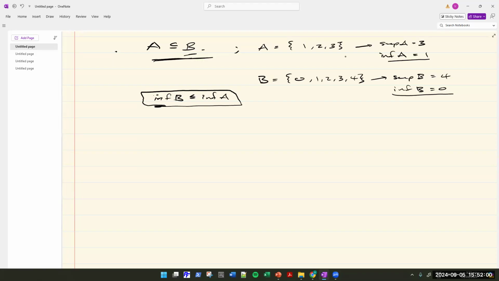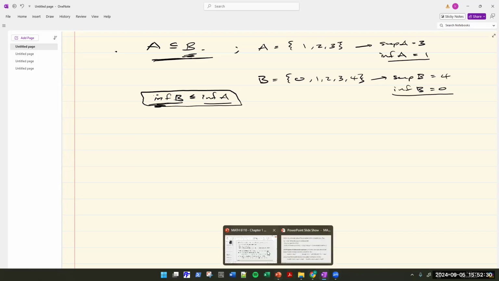If you add more stuff to it, that number could only decrease. That smallest number could not increase because I'm adding things to it. So if you make a bigger set B, the smallest number could only get smaller. So that's why we see that the infimum of B is less than the infimum of A. And the same sort of thing you could reason out for the supremum.